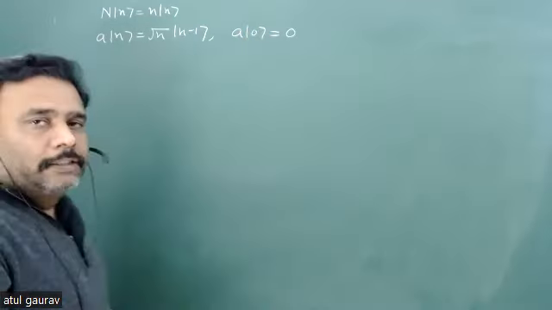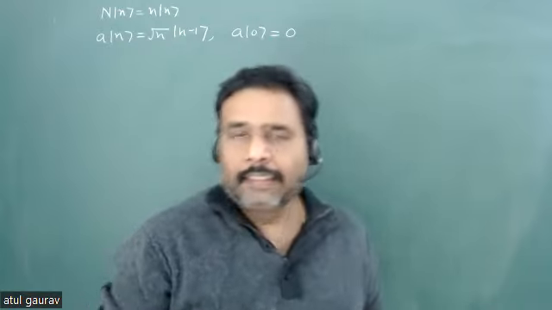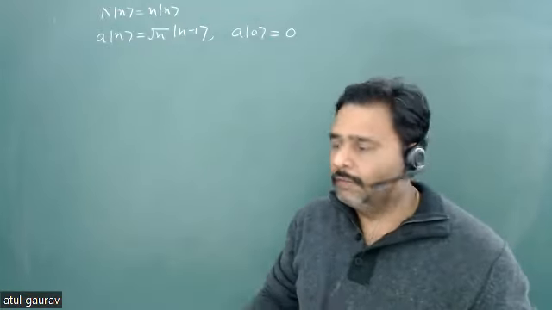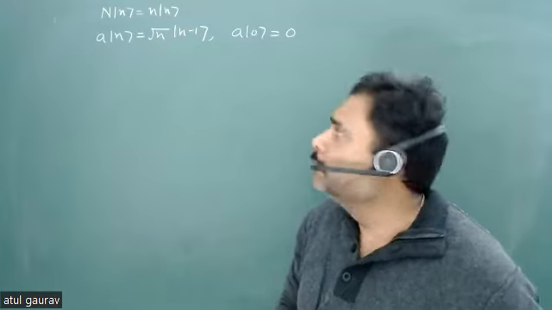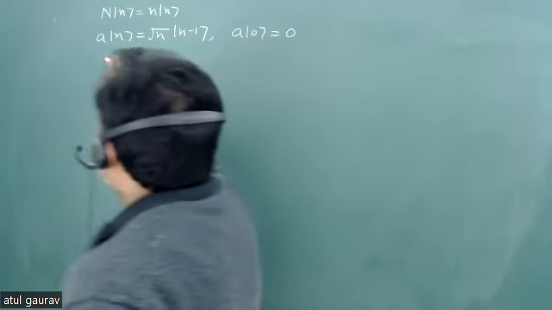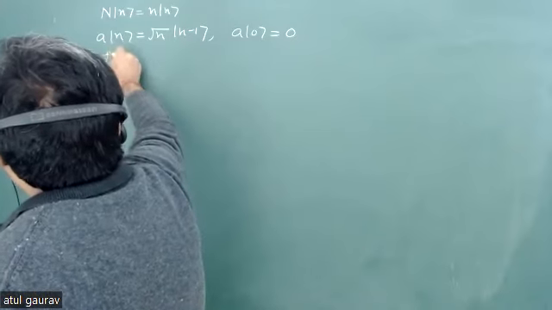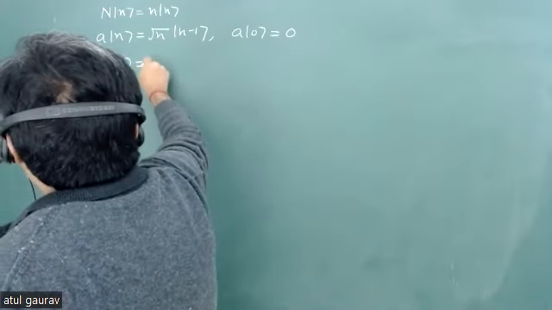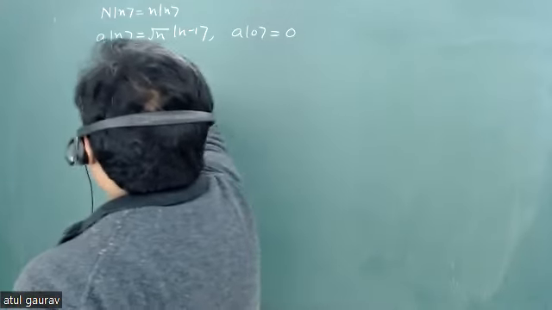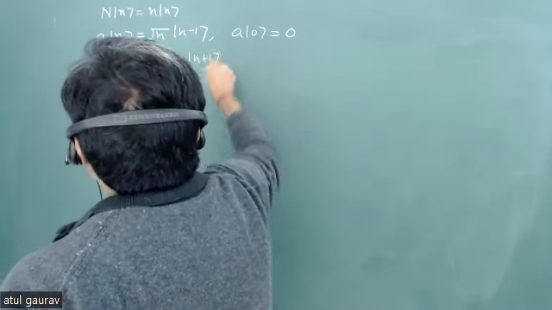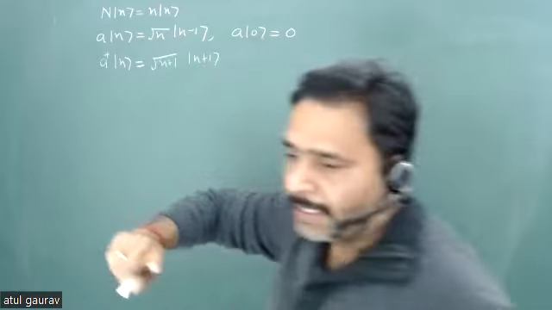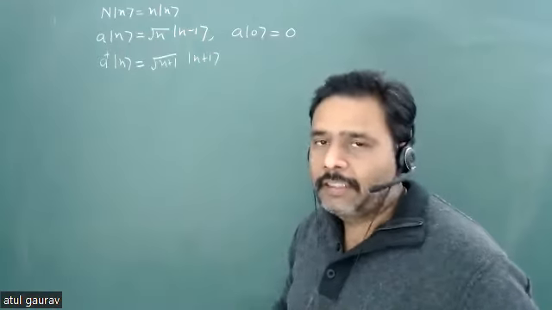That means you are not changing the state; you are at that particular fundamental level. But if we go for A†|n>, then you will get root n plus 1 |n+1>.